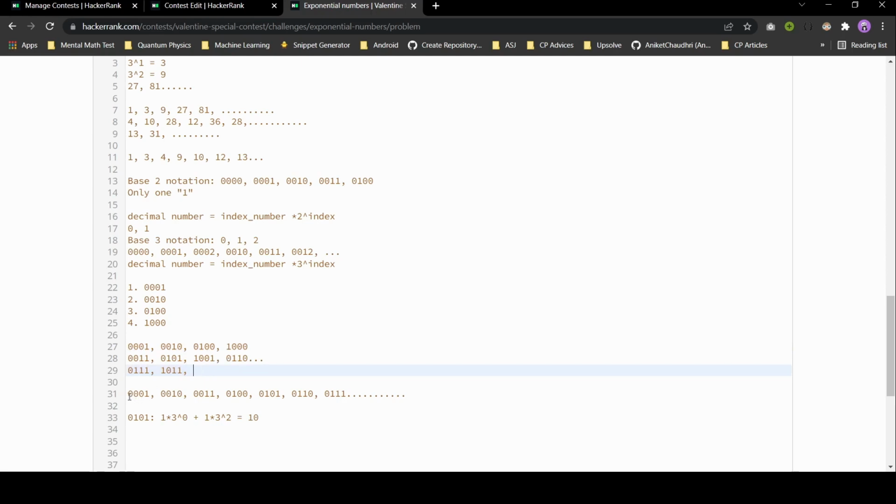The actual observation we made is that when we arrange the numbers in ascending order, we get a list that is just similar to all the natural numbers when they are written in the binary representation. So we can get the kth number from here, and if we convert it back from the base it was in, we get the required number.